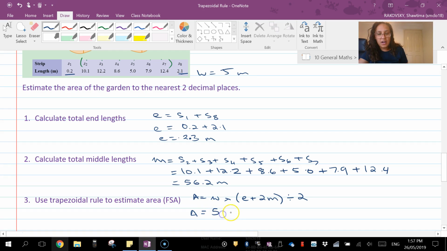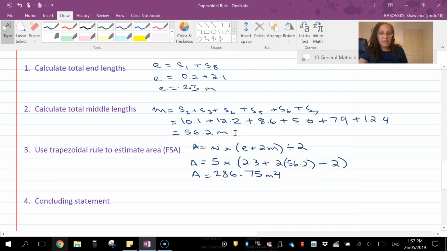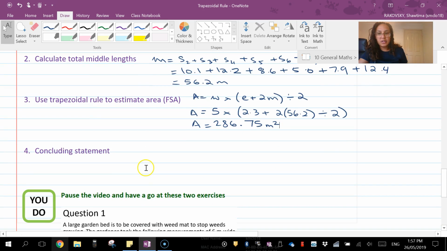So 5 multiplied by 2.3 plus 2 bracket 56.2, divided by 2, and the answer is a wonderful 286.75 meters squared, because it's area. Make sure that you multiply the middles by 2, and then our concluding statement.